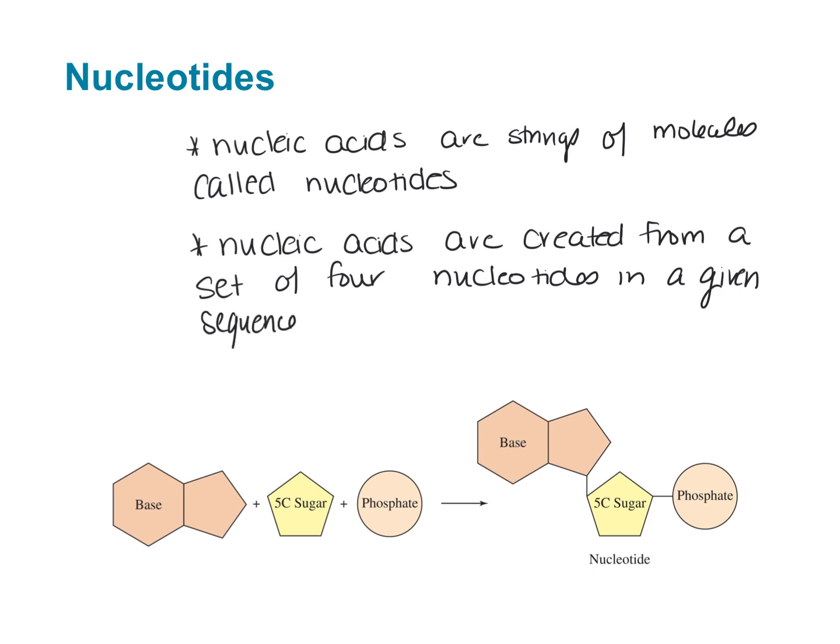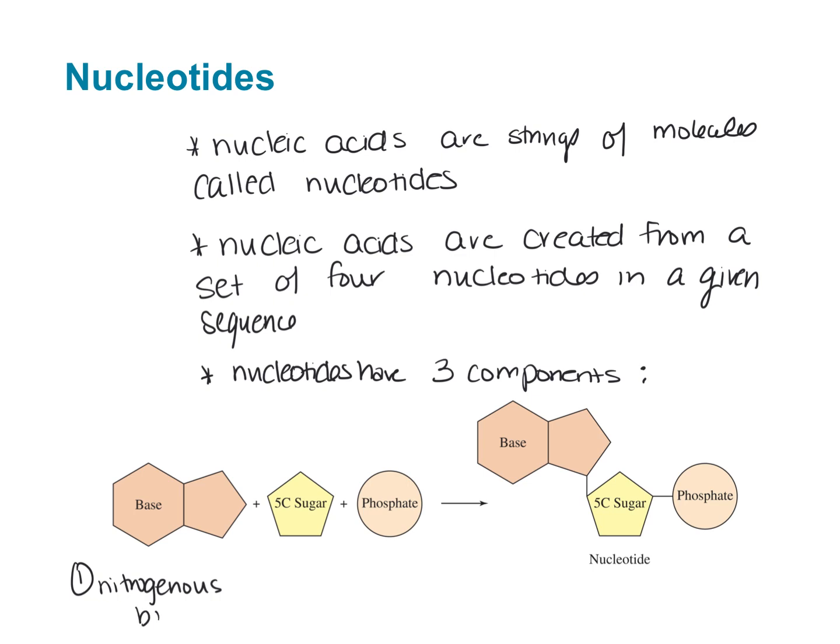Nucleotides are going to have 3 components. The three components are a nitrogenous base. This is the shorthand for that base, but basically it's going to have a ring structure, and it's called a nitrogenous base because it contains nitrogen.